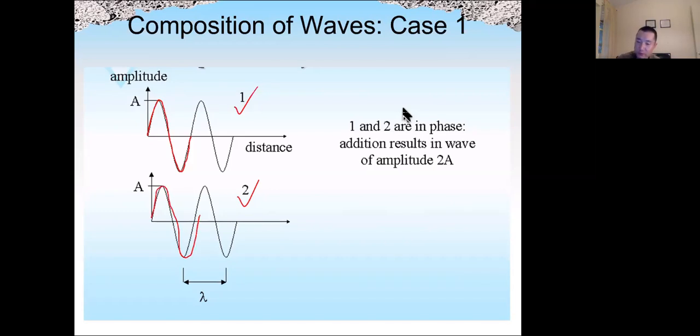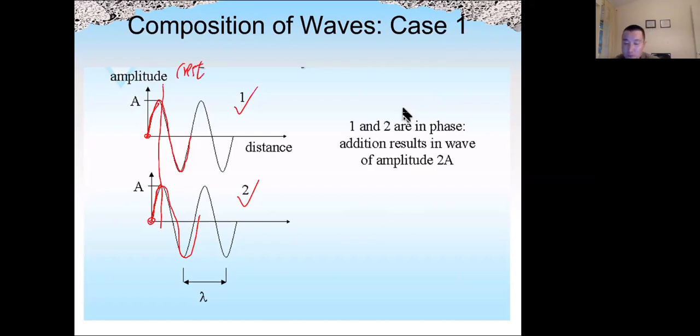If wave 1 and wave 2 are in phase, like in this case, starting from 0 in distance, they have 0 amplitude, and then both increase over the distance, and here they are both at the crest.